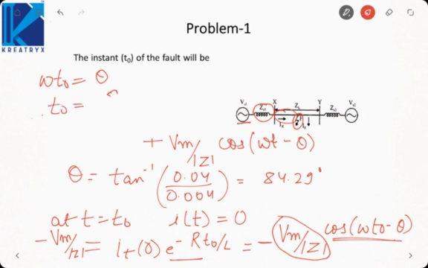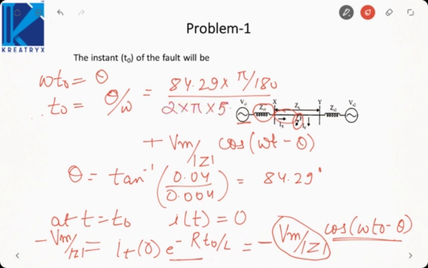So t0 will be theta by omega, that is 84.29 into pi by 180, whereas omega will be 2 into pi into 50. This will come out to be 4.682 millisecond. So this will be the instant of the fault.